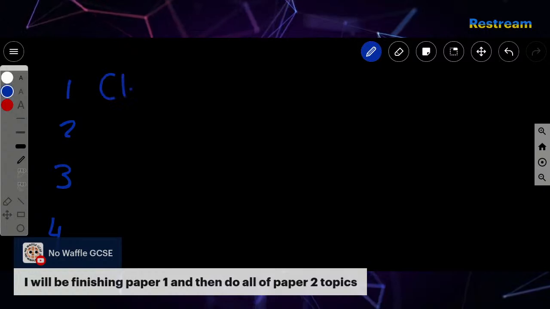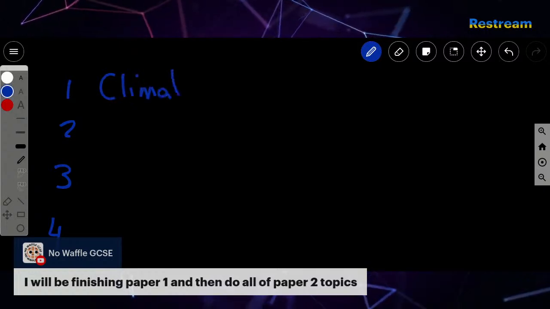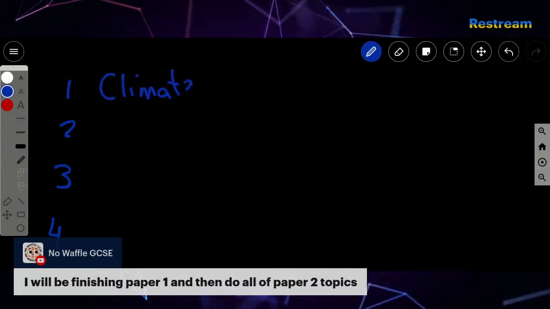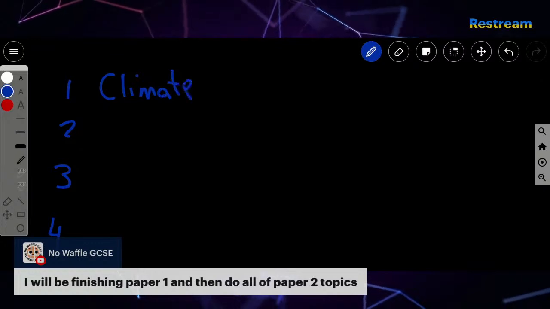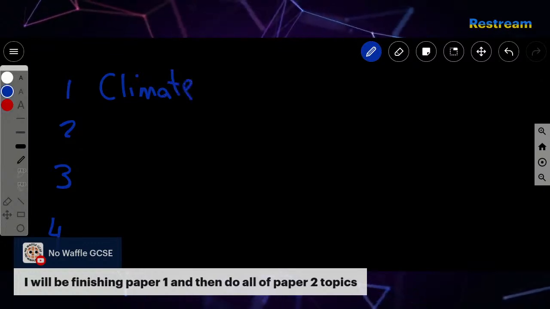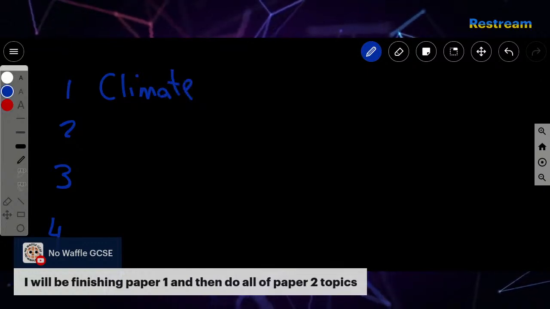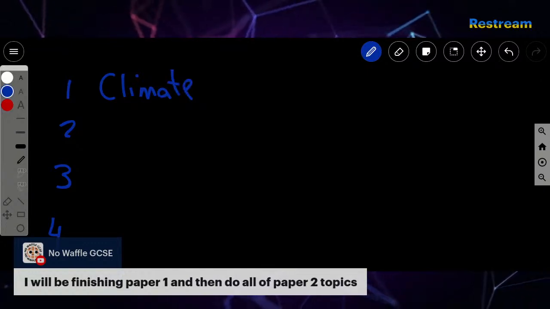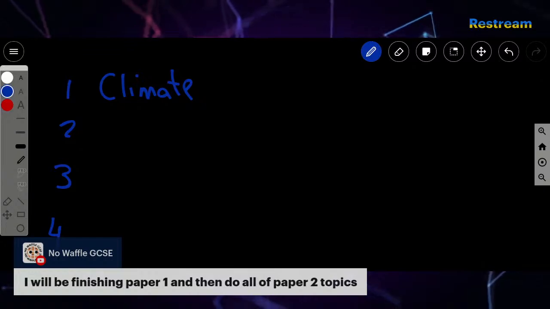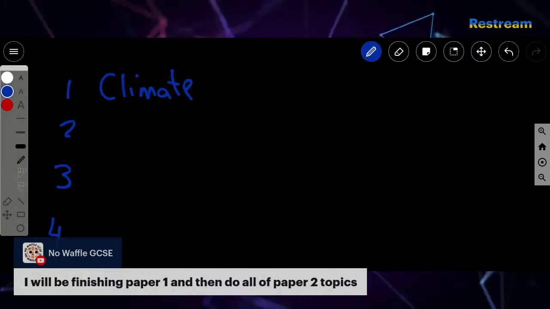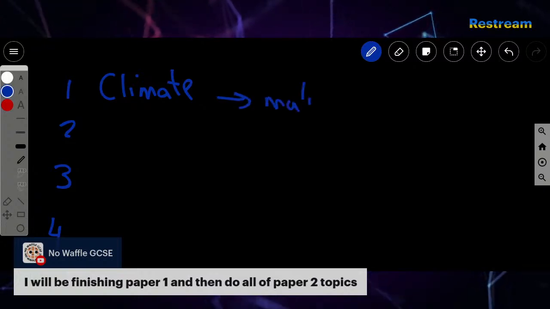So let's talk about climate. When there's a poor climate, countries have a really hot or cold or a really dry climate. All of these mean that not much will grow because plants need a balance in order to grow. This means that not much food can be produced, which can lead to something called malnutrition.